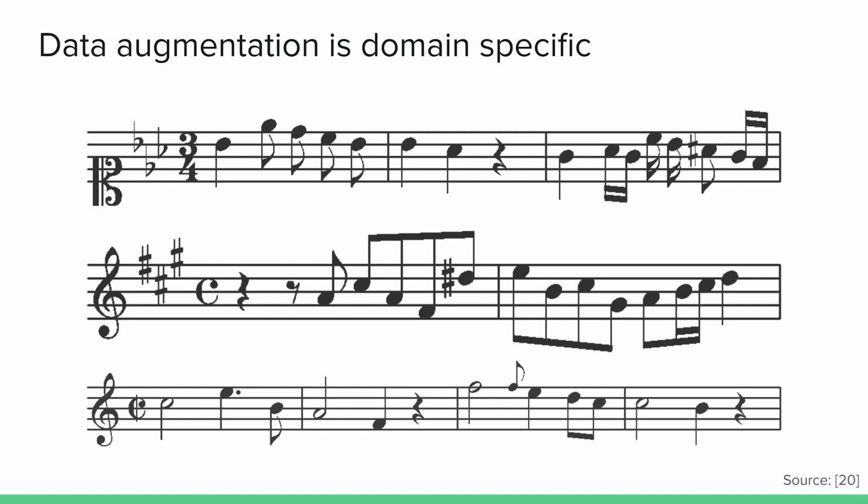You just randomly generate a sequence of notes, and then you render it and you get a new piece of music. It doesn't have to sound good, it just has to look like real scores. If you can achieve that, you can generate as many samples as you want as part of your data augmentation. You just create music scores on the fly, and then you can train your network to perform operations on these.